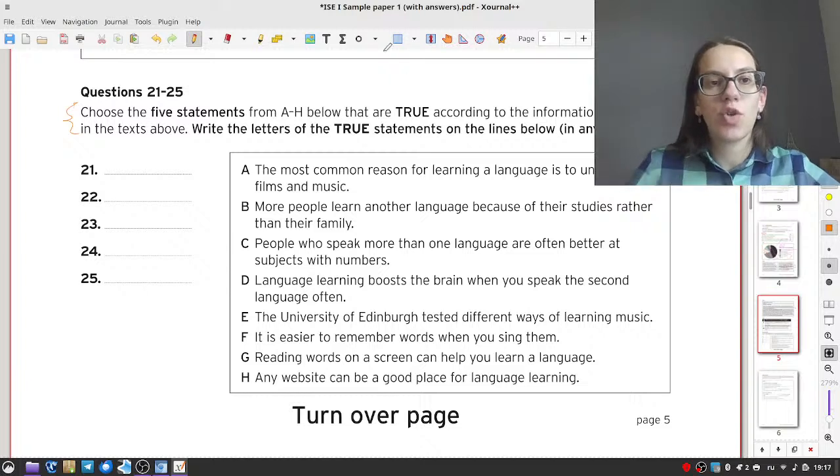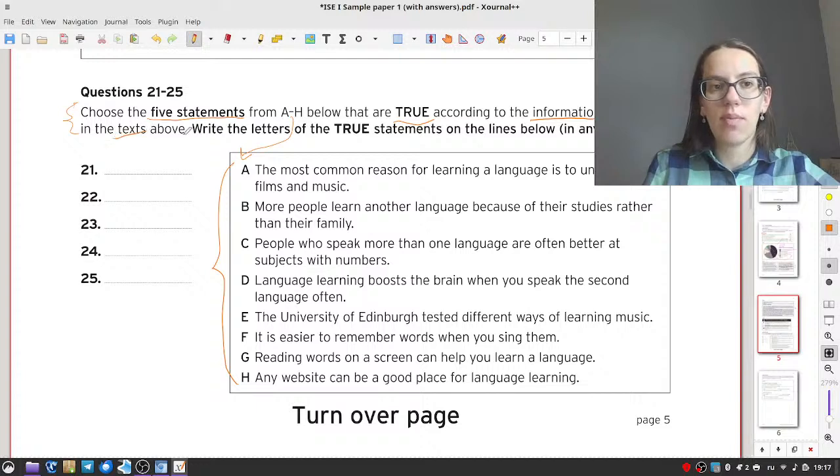So here we need to choose the 5 statements from A to H, so these ones right from A to H below, that are true according to the information given in the text above. According to the information from the texts, yeah.